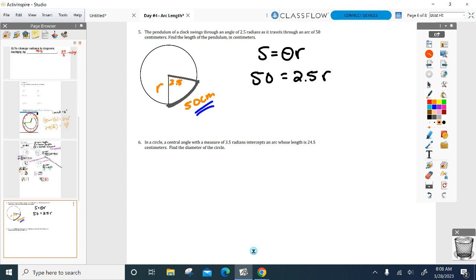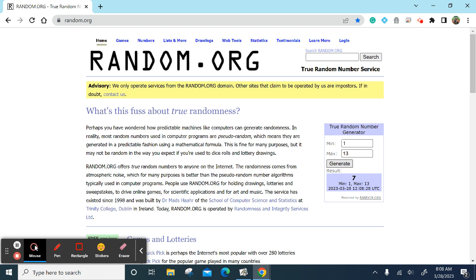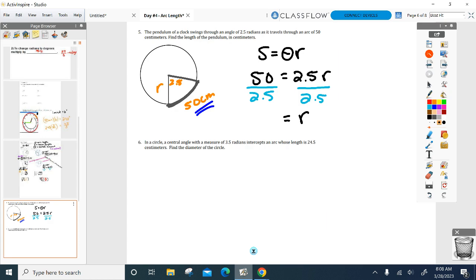Seriously, divide by 2.5. I'm still mesmerized by Charlie's four-bagger, but I got over it, and now I can divide by 2.5. How long is that radius? 20. 20 centimeters, yep.